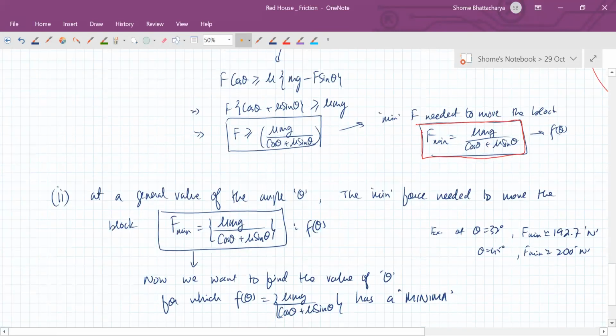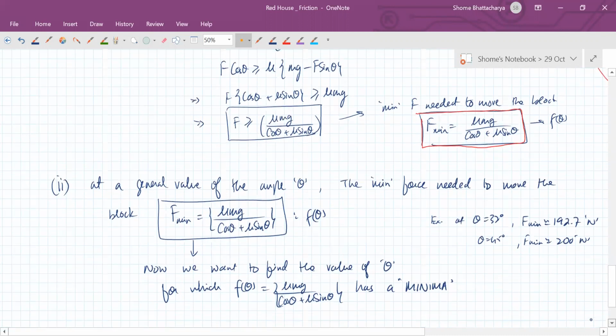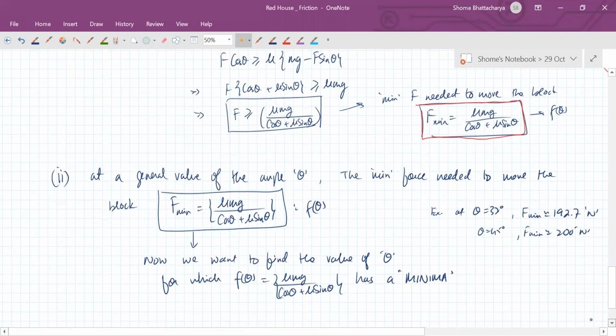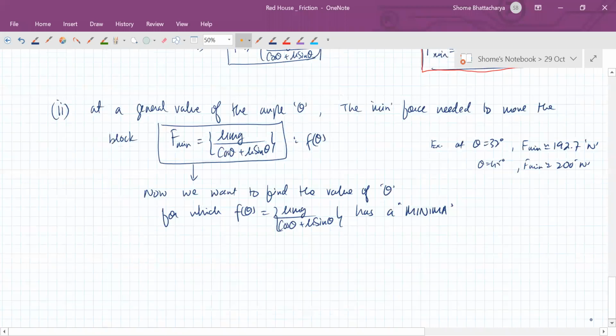Okay. So that is basically what we are doing in the second part. We are free to select any theta we like. Now we want to select that value of theta so that we can move the block with minimum amount of effort. So that is this function f theta, which is the force required to move the block, that is minimized. Okay, hope you are understanding the point.